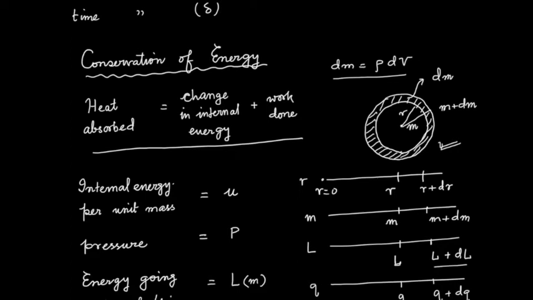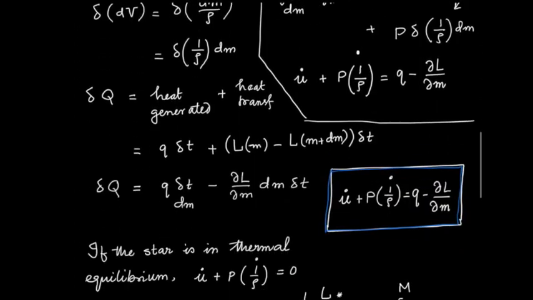So I have to deal with only one part of the shell. But if I deal with only one part of the shell, then my mass parameterization doesn't work, because the mass is the mass in that shell. So I do it a little differently to start with. Later we can change to our mass parameterization. So what we look at now is a part of that shell.